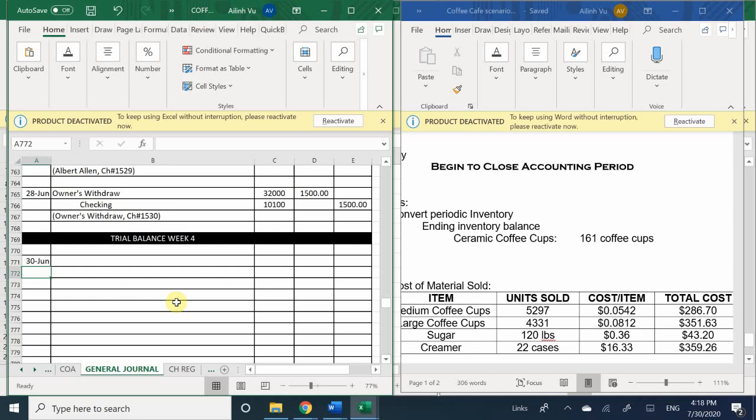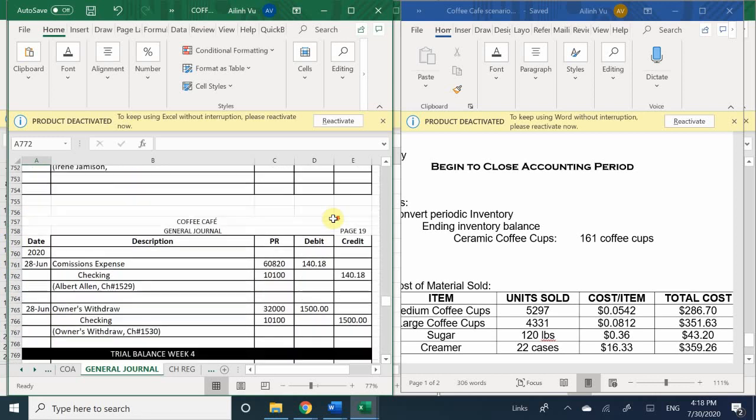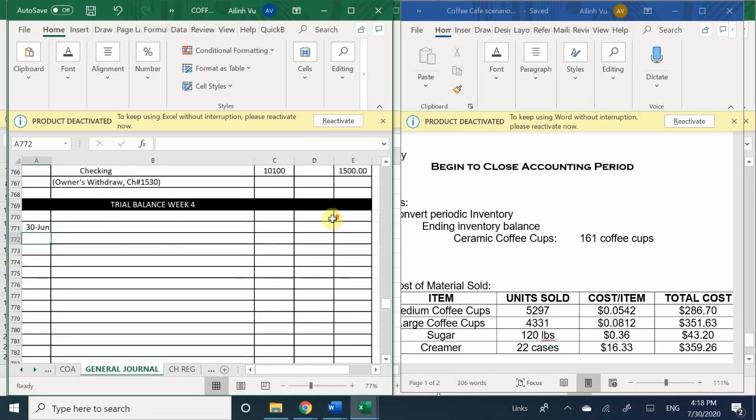Okay, so I went ahead and drew a black line in my journal for journal 19, so I don't waste space in my journal. Yes. All right, so let's go ahead. How do you convert our inventory?